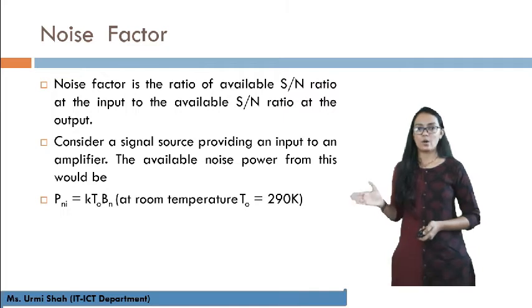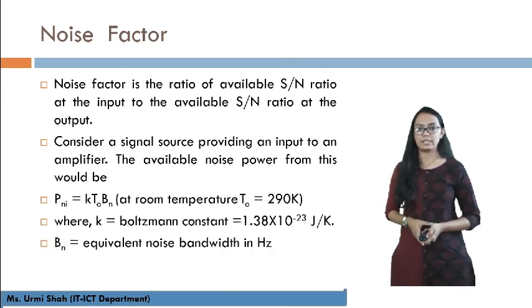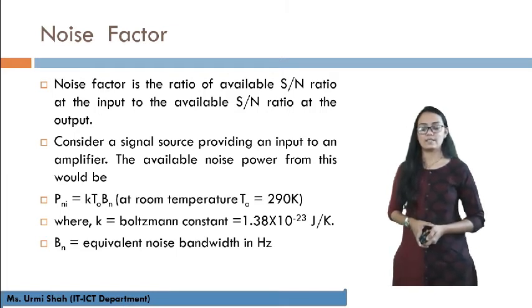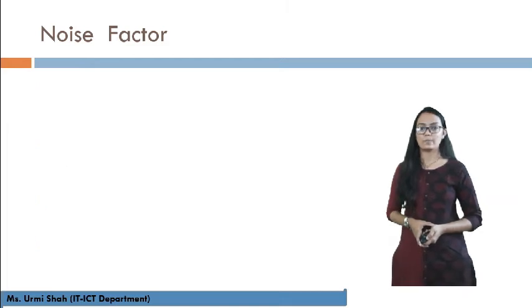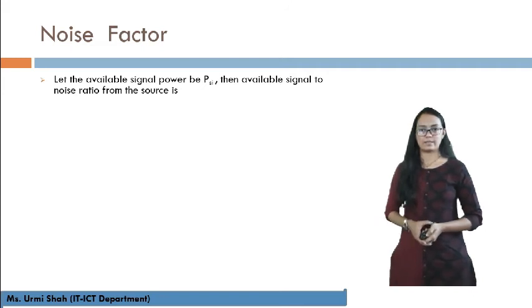Bn is your noise bandwidth, the range of frequencies where we are transferring our signal. So PNI is equal to kT0Bn. K is your Boltzmann constant, that is 1.38 × 10^-23 joule per Kelvin. And Bn is measured in hertz, that is your equivalent noise bandwidth. So this is the formulation of noise factor.